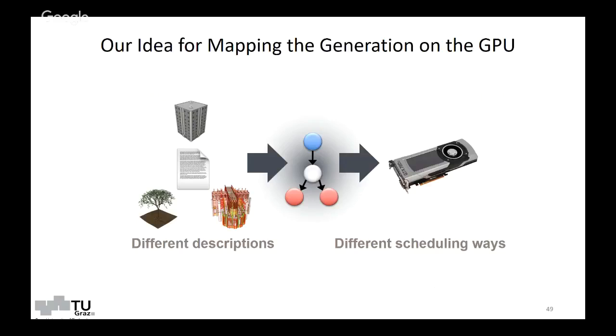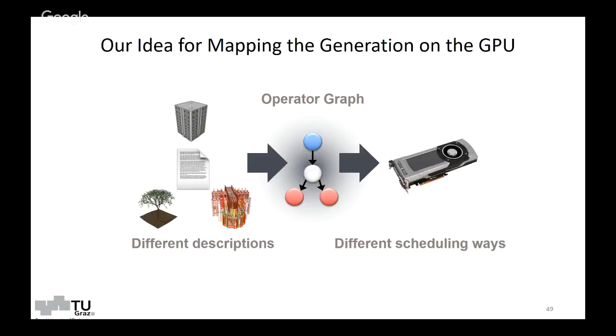And the idea is that we go to an intermediate representation, which we call the operator graph. And in this way, we can support different ways of writing these procedural approaches. So we can use L systems, which is just some rewriting grammar. We can use shape grammars, which are like have an object, do something with it, another object, or even some more complicated, more consequential operations that we just capture within the graph.